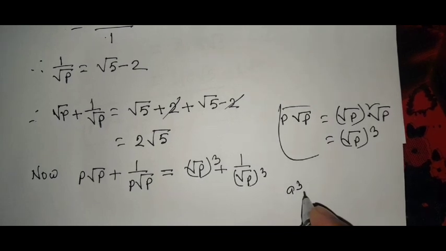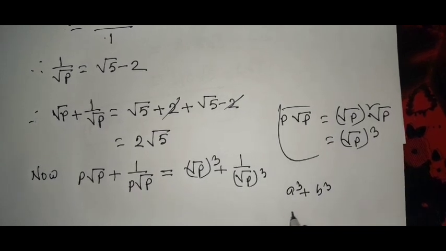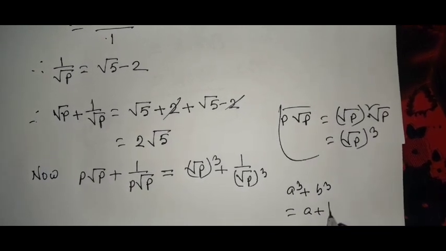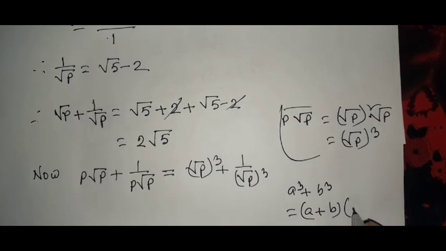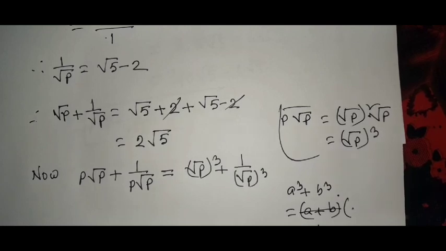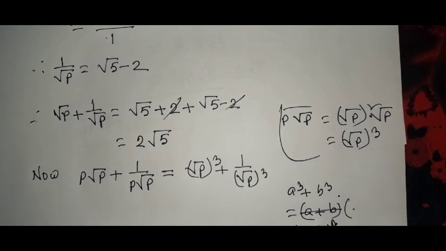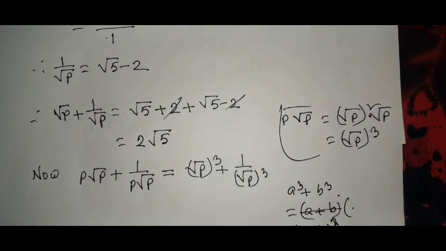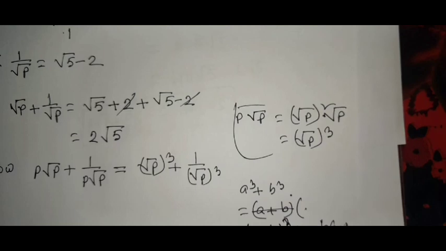Now we use the formula a cube plus b cube equals a plus b all cube minus 3ab times a plus b.